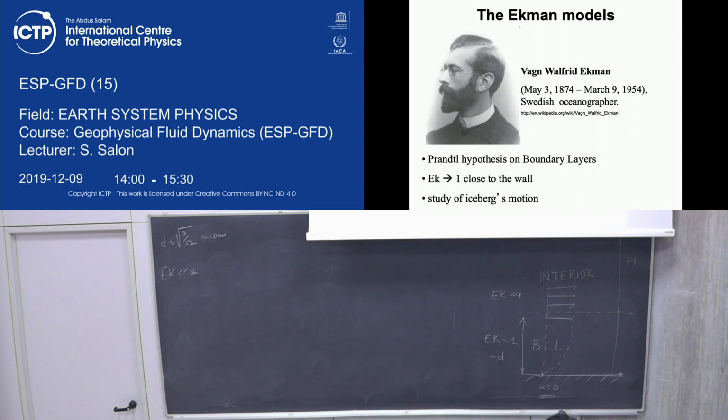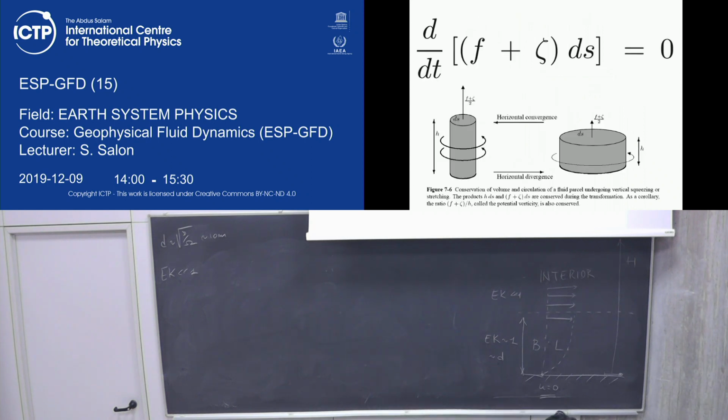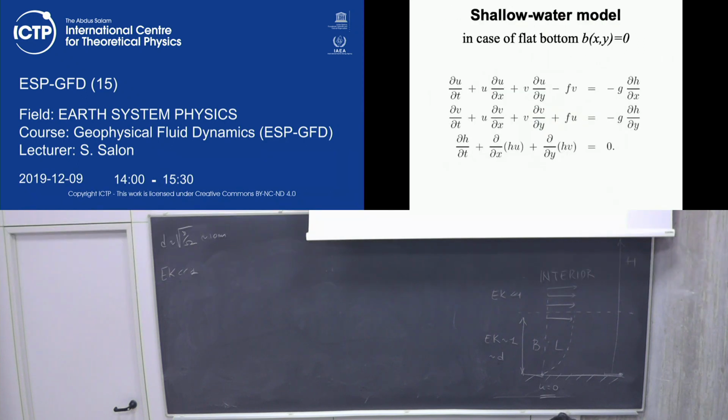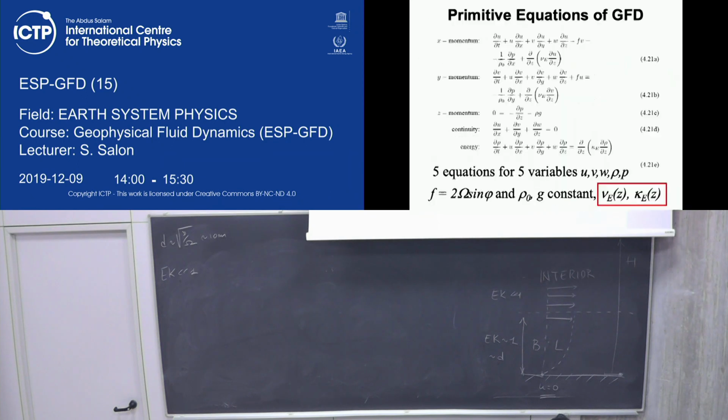So, starting again from the primitive equation, we can consider again rho equal to 0, rho b much smaller than 1, temporal rho b much smaller than 1, so we can neglect all this.